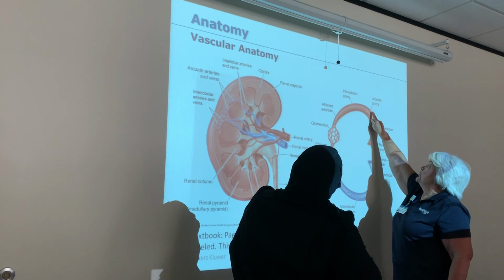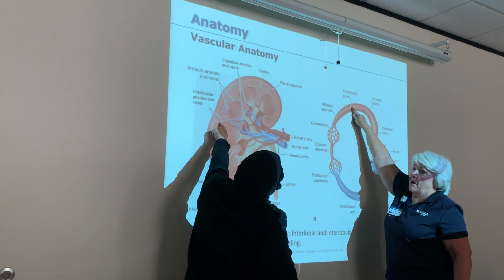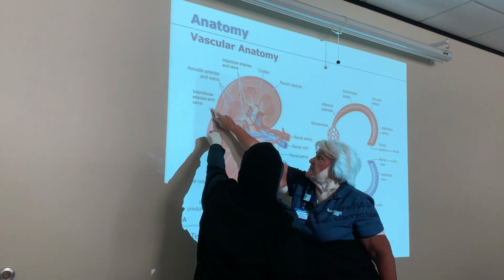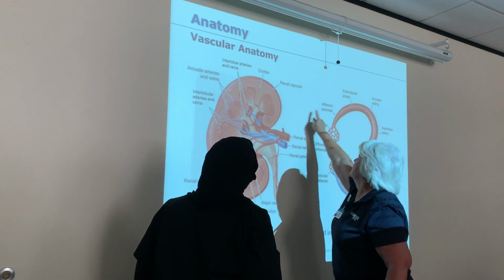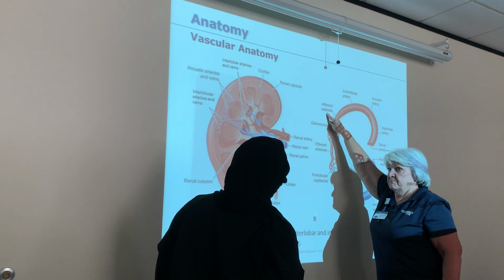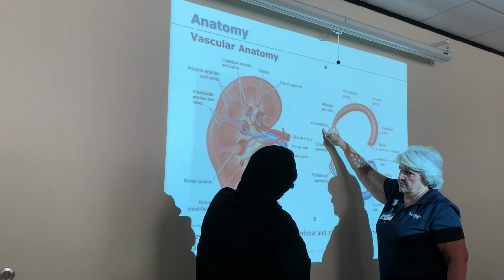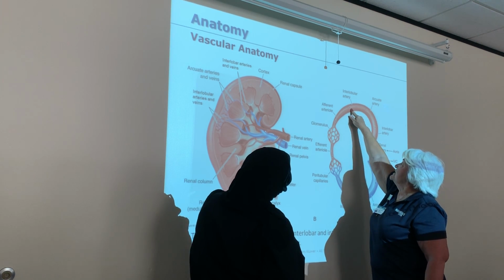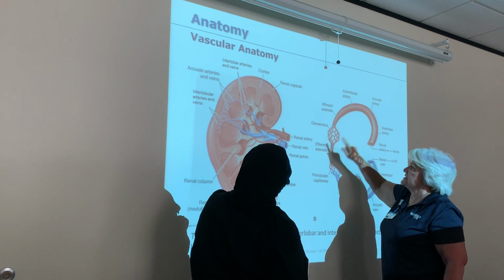So here they're an artery, and then they're getting smaller because they're interlobular. They're still coming from all of these. They're branching out even further because at the top, they have to go through the base of the pyramids where the arcuates are. The arcuates is what goes into the glomerulus. The arcuates turn into the interlobar. The interlobar goes into the afferent, then the glomerulus, then the efferent.